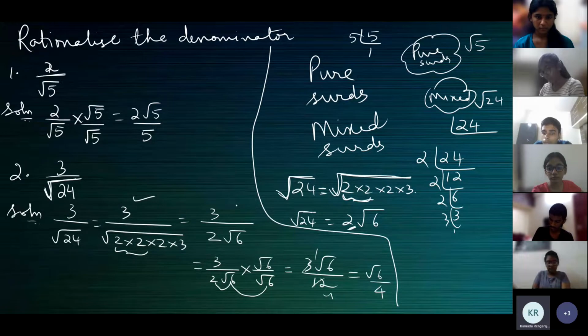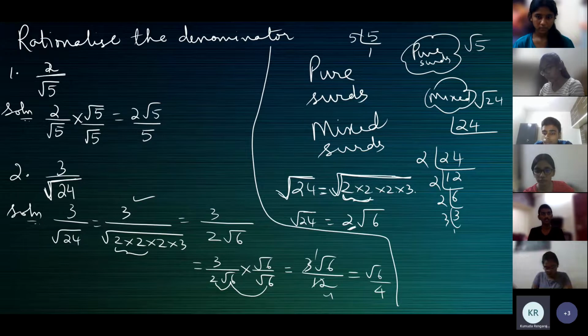Children, do you get the difference between the first and second one? In the first one, you directly multiply and divide by root 5. In the second one, every time you have to check if the prime factors will have equal primes, like 2 twos or 4 twos or 6 twos or 2 threes, 2 fives.